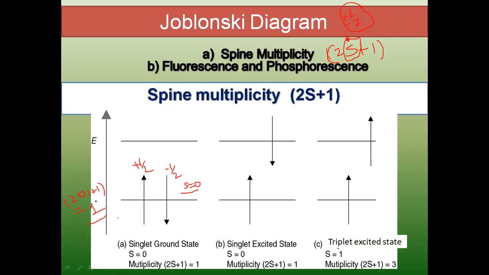So this is called the singlet spin multiplicity, and this is at the ground state, so it is called the singlet ground state condition. It is called the singlet ground state level or singlet ground state multiplicity, असंही म्हणू शकतो. So this is simply called a singlet ground state.